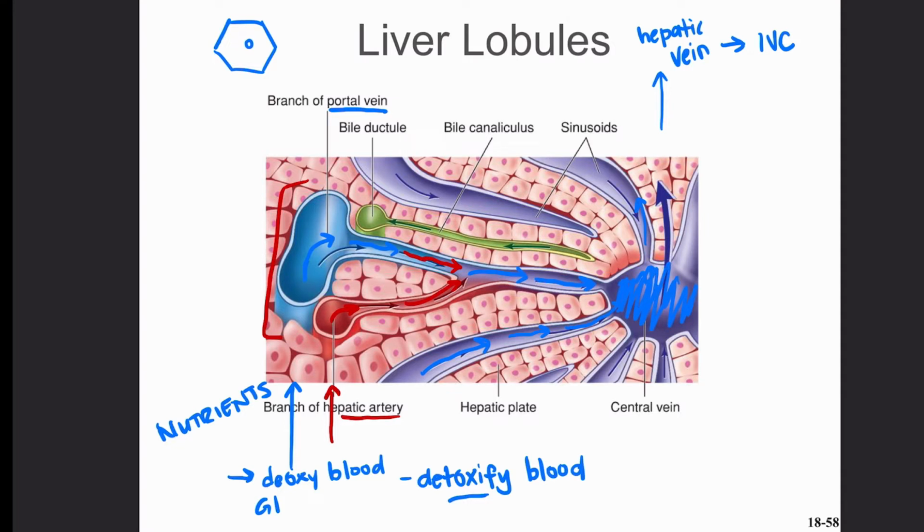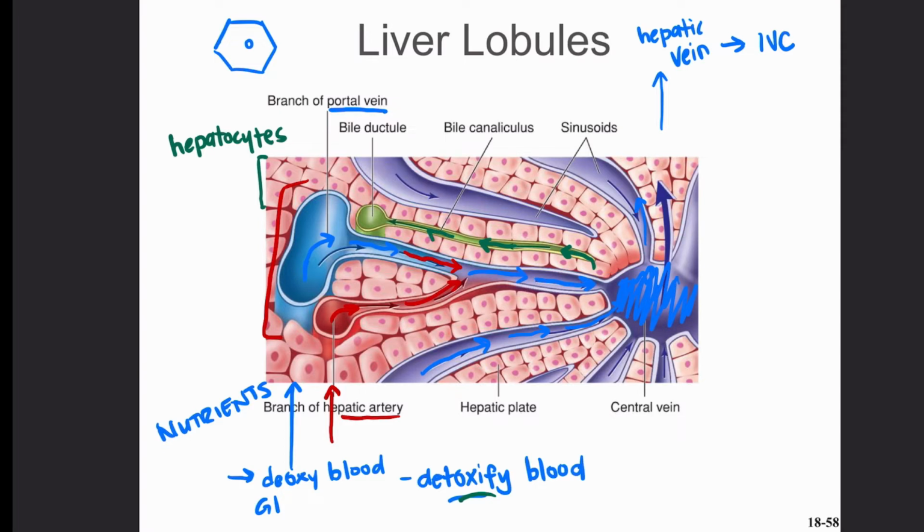At the same time that all this is happening, these cells here of the liver lobules are called hepatocytes, and they are going to detoxify our blood. We'll talk about the mechanisms that happen. Another thing that they do though is that they secrete bile. And so I'm drawing in green here because bile is actually green.